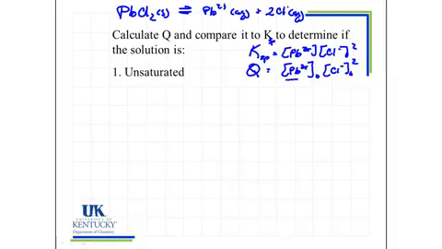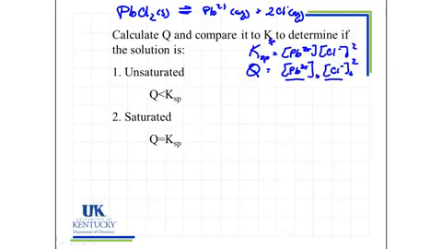Well, that would mean that we haven't quite gotten there and that the Q is too small. So anytime the concentrations you have in solution of the ions of that salt give you a value smaller than KSP, then you have an unsaturated solution. Well, certainly if it's saturated, you're right there at the point where they're equal to each other.